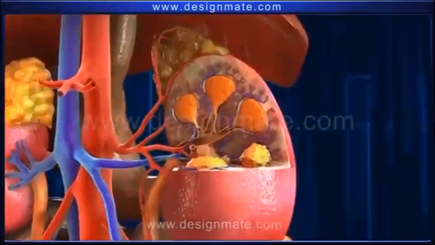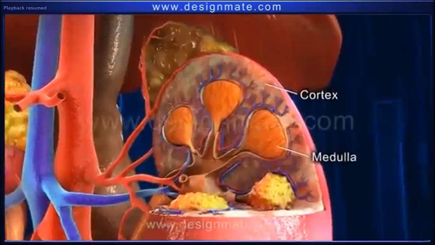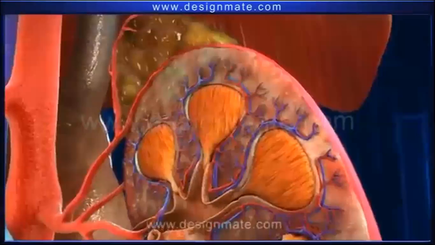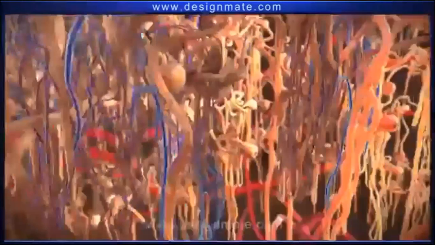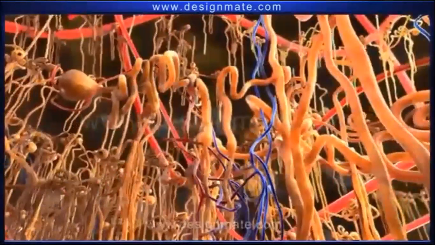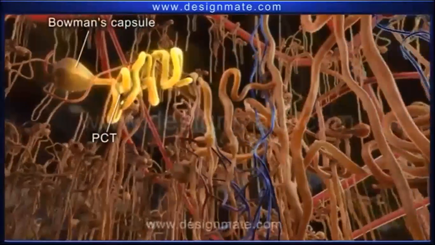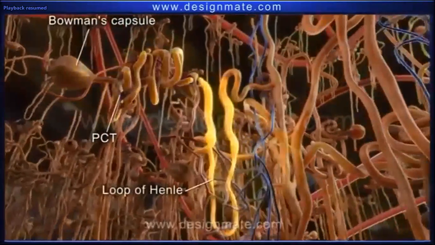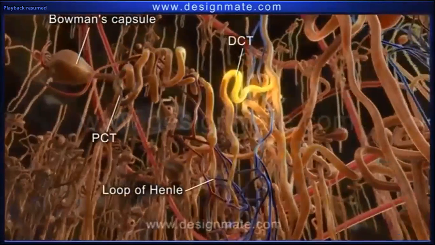The longitudinal section shows two prominent regions. One is the cortex, a muscular portion, and the remaining portion is the medulla. The medulla contains triangular-shaped structures, the calyces. Billions of nephrons are present. Each nephron has a Bowman's capsule, proximal convoluted tubule PCT, loop of Henle, and distal convoluted tubule DCT, and it leads to the collecting duct.